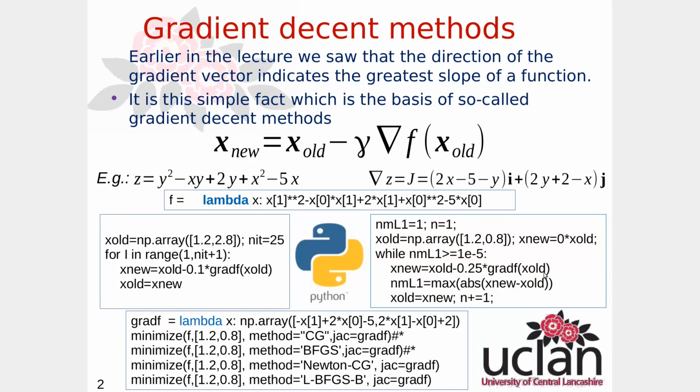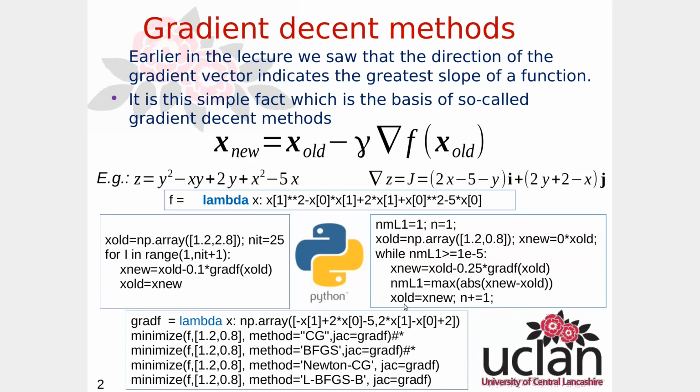And then I've tried to compute the norm, L1, that's what the NM's for. This is called the error norm, the L1 norm, which is the maximum value between the x new and x old, which will give us a single value, of course, even though it's working on vectors.